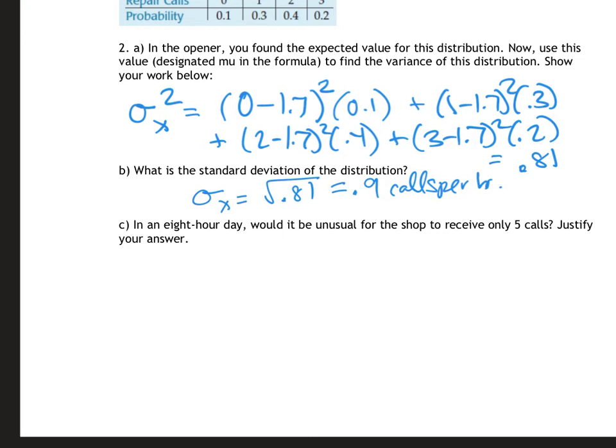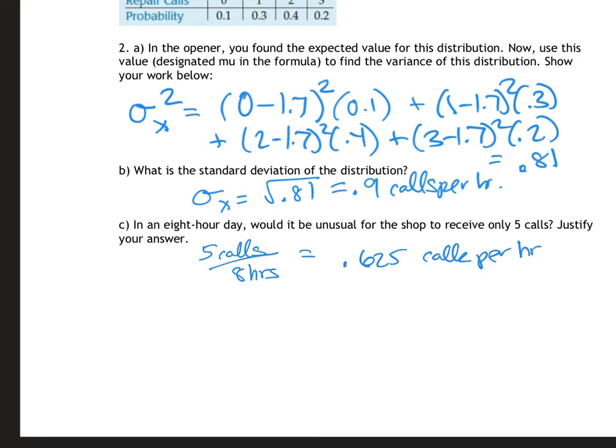One thing we might do is figure out, if there were 5 calls in an 8-hour day, what that means about calls per hour. So 5 calls per 8 hours, when we do this on our calculator, is about 0.625 calls per hour.